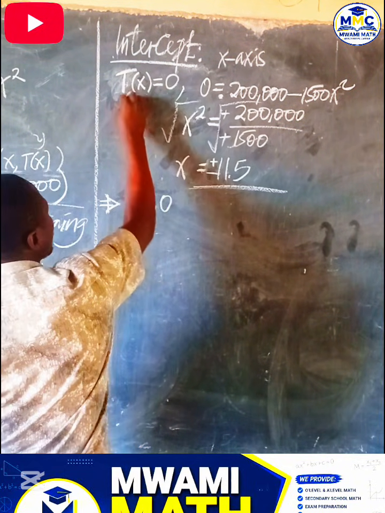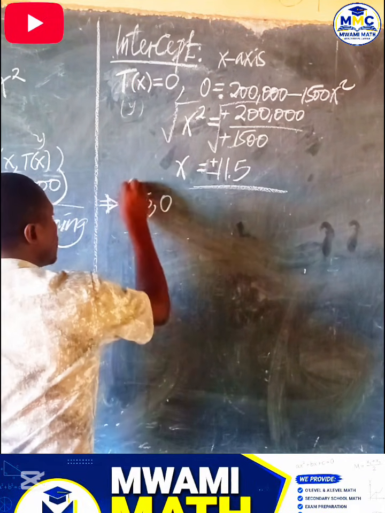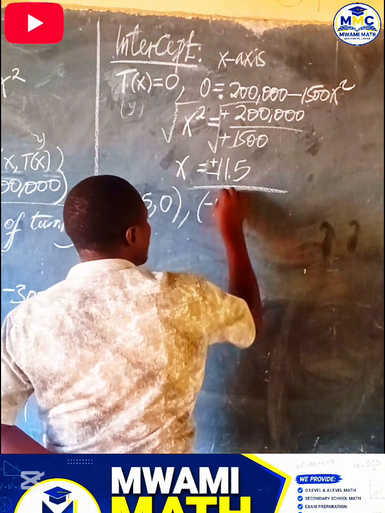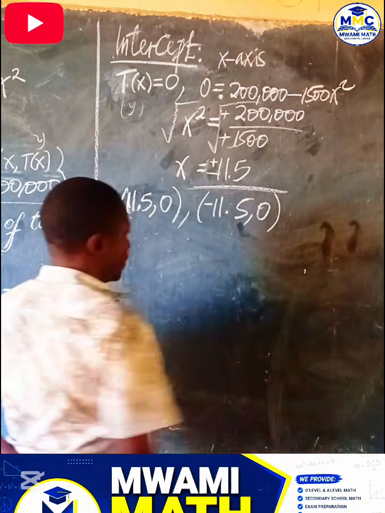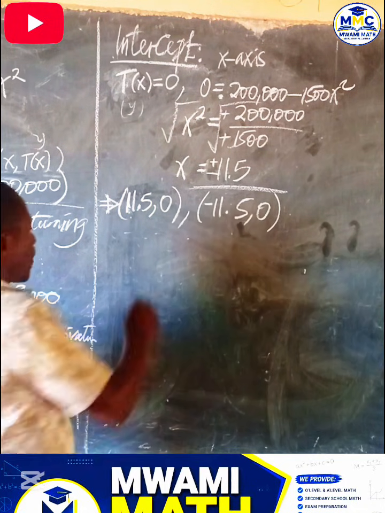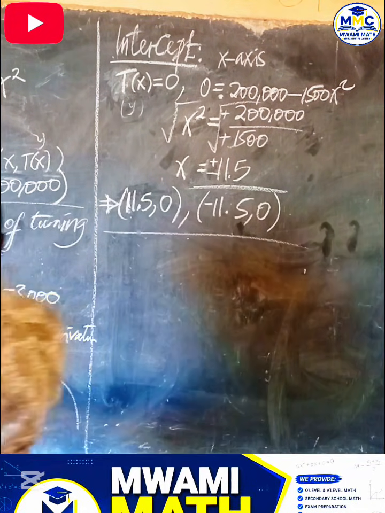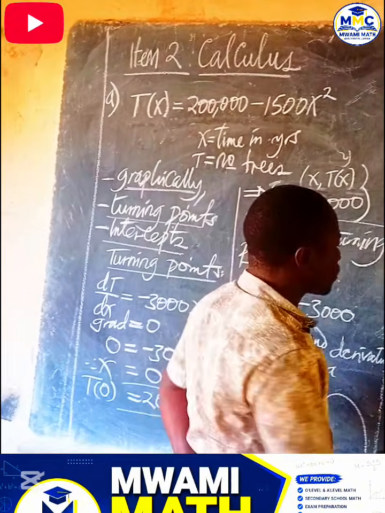Remember, this is like a y, t of x. Then we shall also have negative 11.5 and 0.